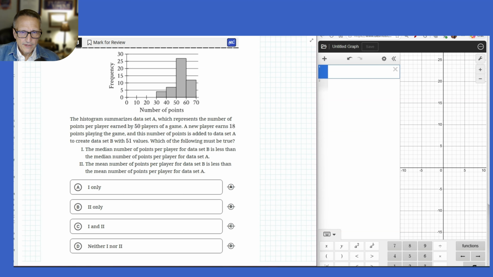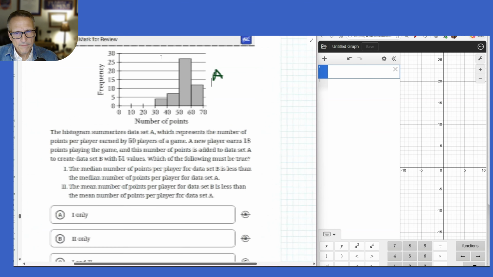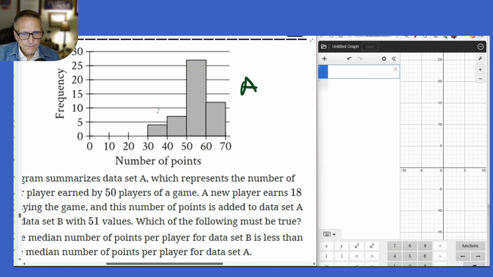Well, here's the thing. Data set A is what we're looking at right there. Data set B is made by just simply introducing this other player into the data set who scored 18. So they would have then shown up as one player in that bar there between 10 and 20. Now, one thing that we know about averages or means, if you put an outlier into a data set and recalculate the mean, you are going to change the mean.